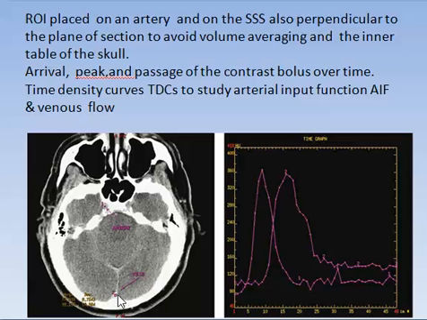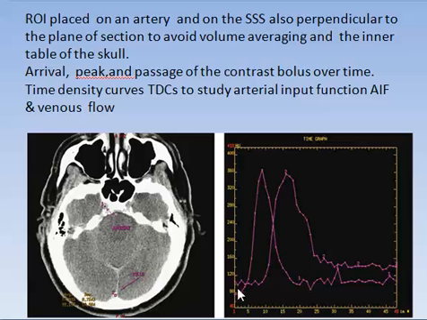That means a reference point. This is to avoid volume average due to the bone. And then we get the true density, without bone surrounding, as compared with the superior sagittal sinus. We get when the blood arrives, and then the peak, and then the passage of contrast with time.